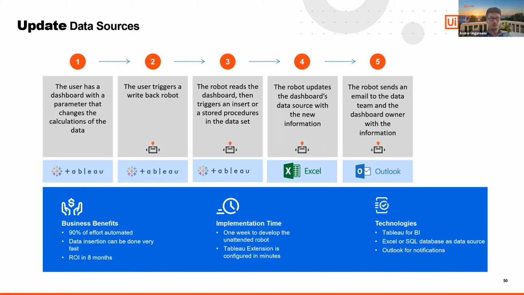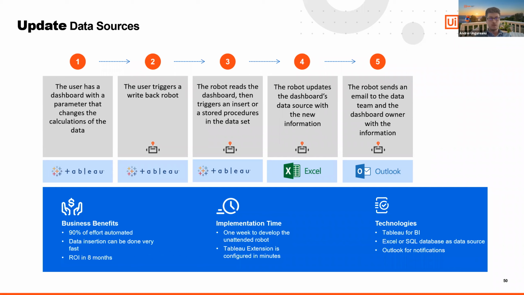files or applications. So in this case, by leveraging the integration, the user can go to the dashboard, identify the fields that he wants to save for future use, and then trigger the write back robot.